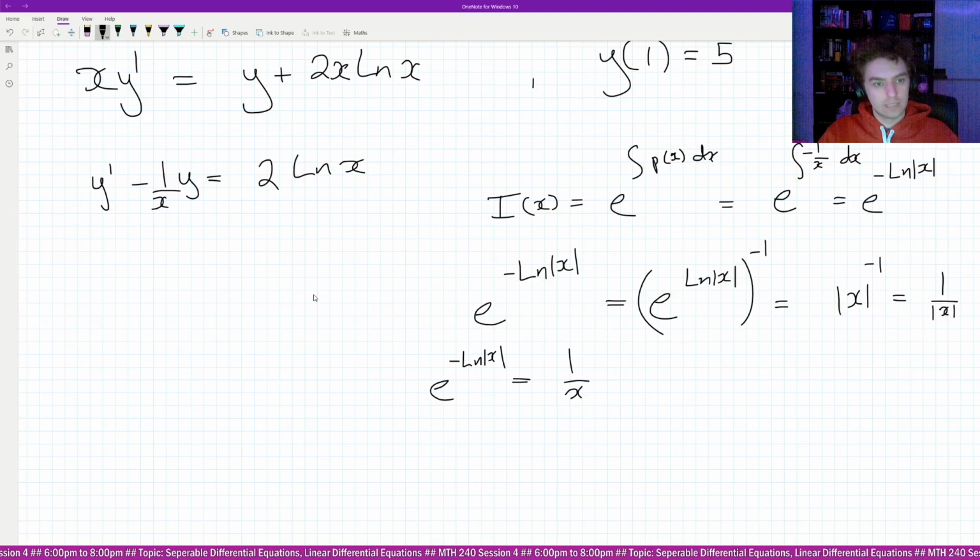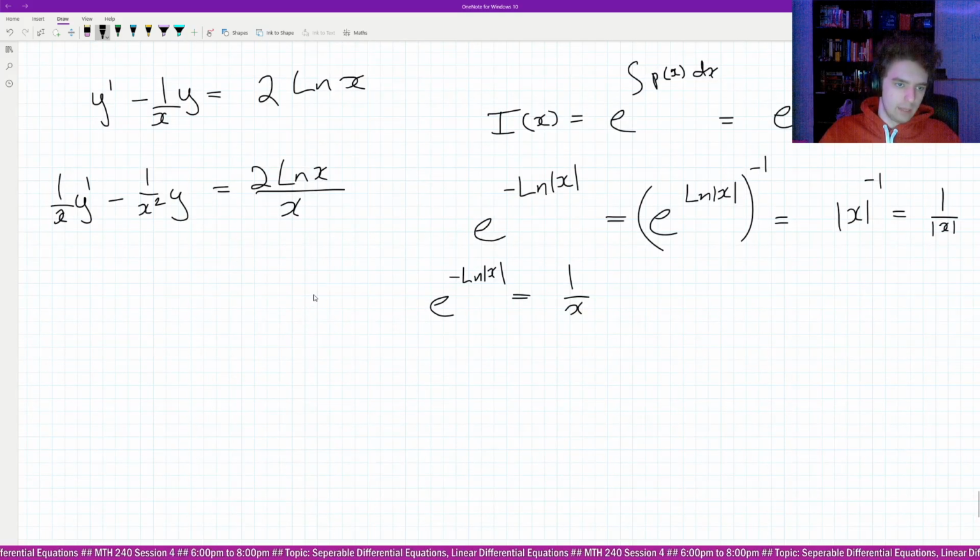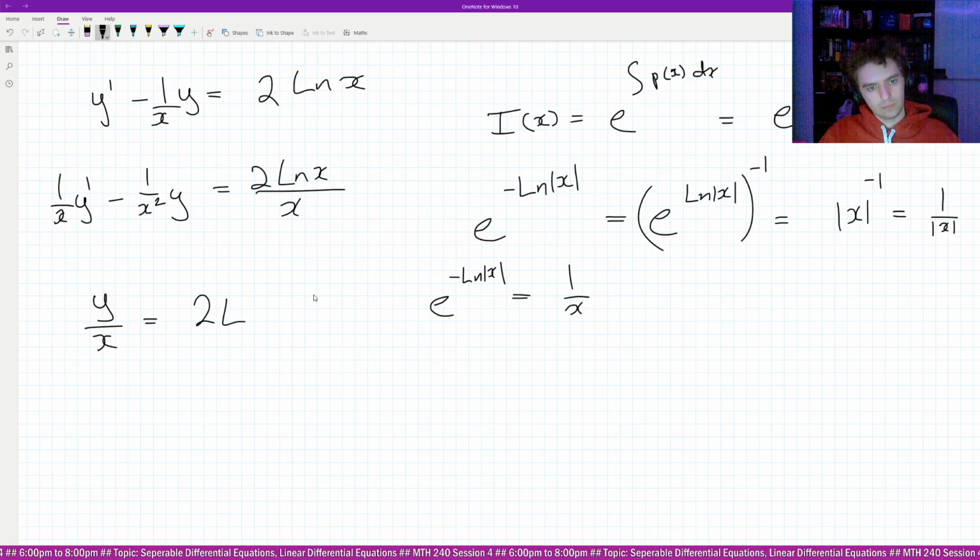So now multiply both sides by it. We get 1 over x y prime minus 1 over x squared y equals 2 ln x over x. Now the left side is just going to be y over x equals 2 ln x over x. And I am missing something.